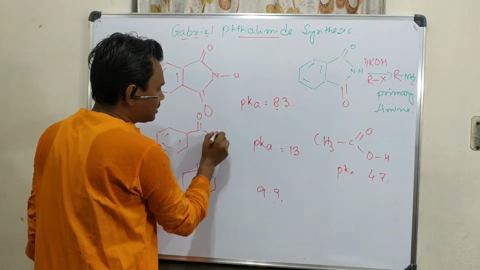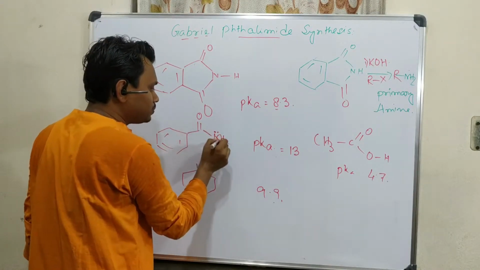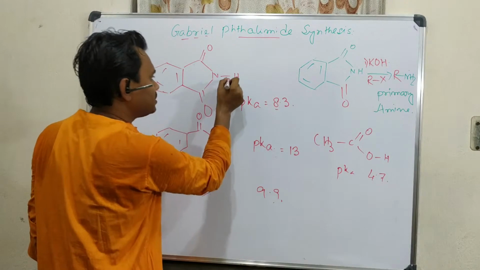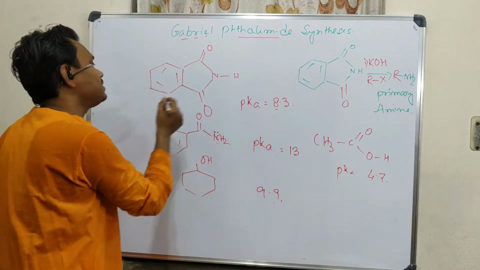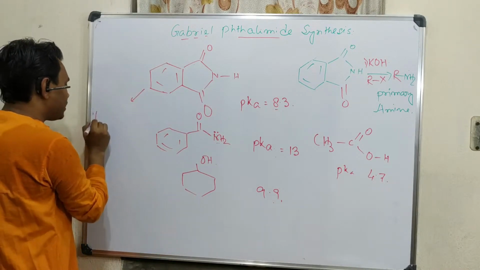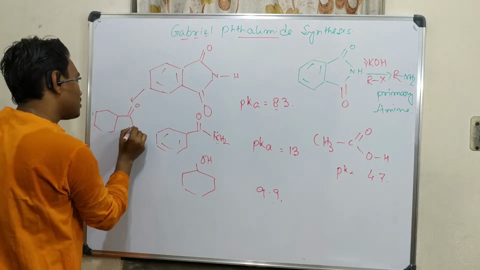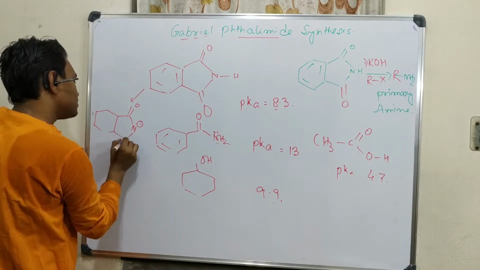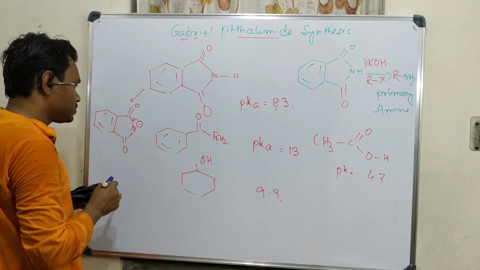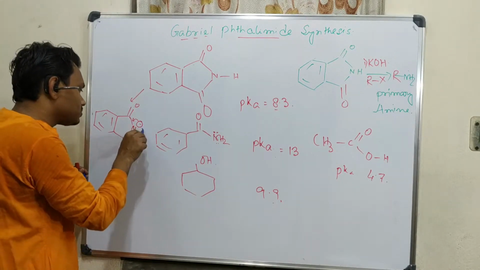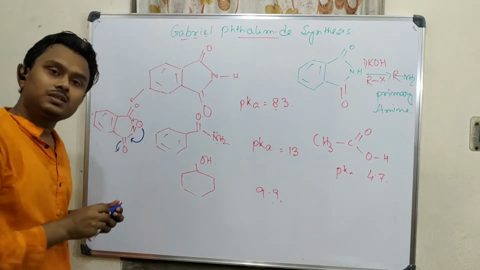Why is it 13? Because you can simply consider that this is in resonance with one carbonyl group. That's why this is slightly more acidic here with two carbonyl groups. How? Because pKa means the stability of the conjugate base. N minus is in resonance with this side, one carbonyl, or it is in resonance with this side, another carbonyl. So in this way, it is resonance stabilized.